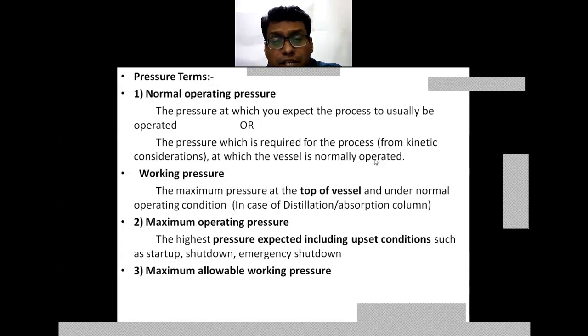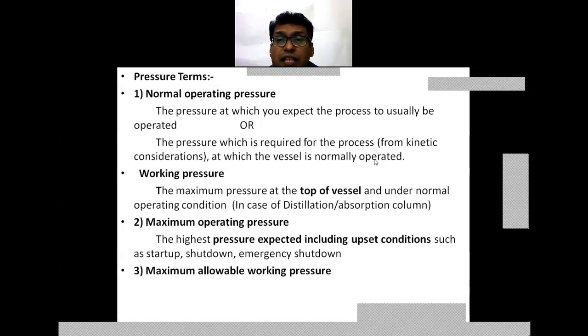Maximum operating pressure is the highest pressure expected, including certain upset conditions. That is, if there are certain abnormalities, upsets, or pressure fluctuations while operating the plant.